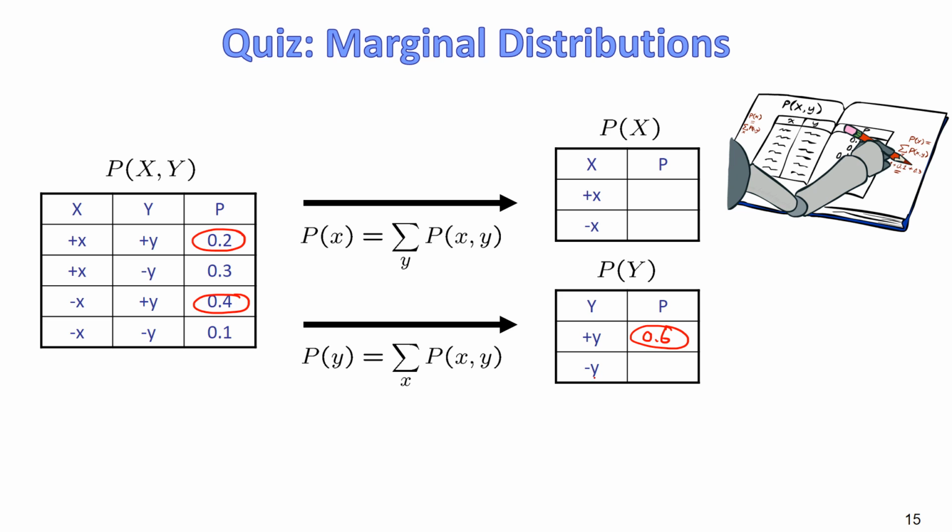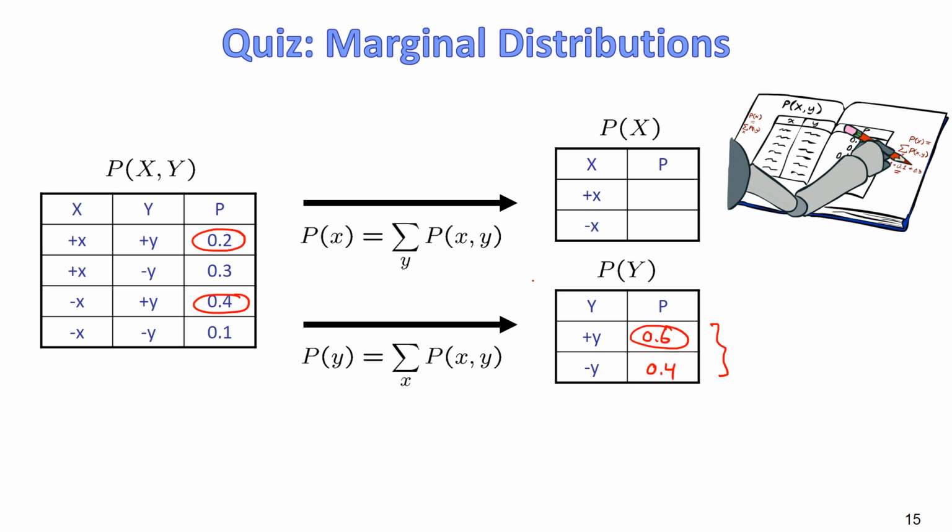And for minus y, yes, that will be 0.4. And as you indicated, these have to sum to 1, of course, because this is still a probability distribution. So we marginalized out x and we got the probability distribution of y.